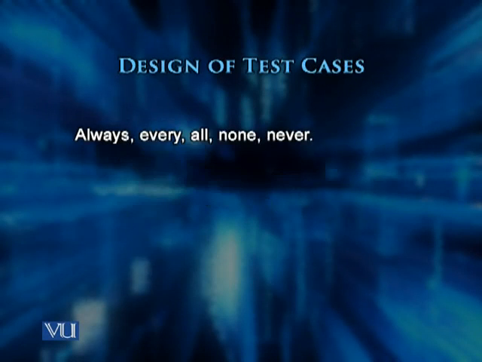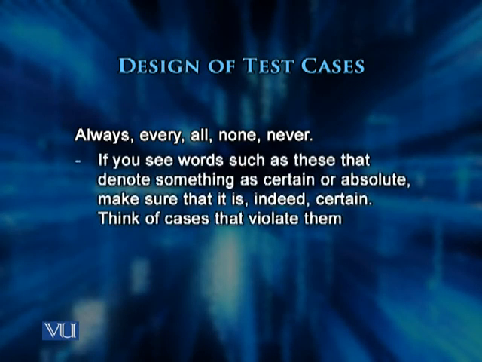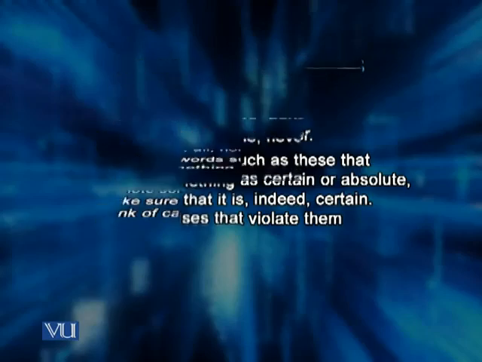The first set of words is like always, every, all, none, or never. If you see these words, you know that they denote something as certain or absolute. The words always, every, all, none, or never contain or convey certainty, either on the positive side or on the negative side.